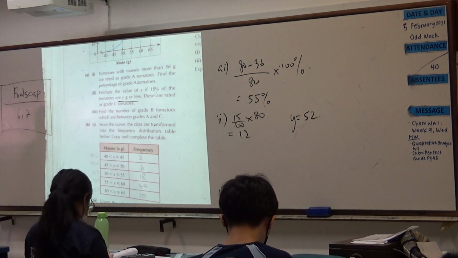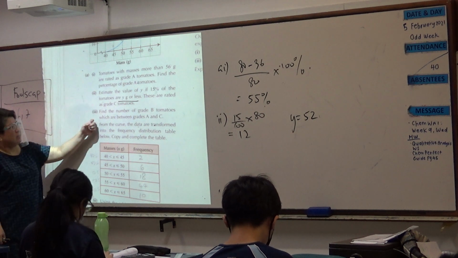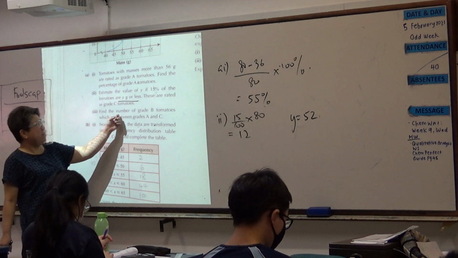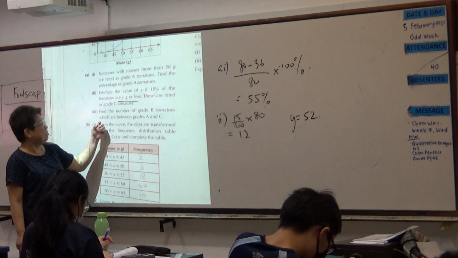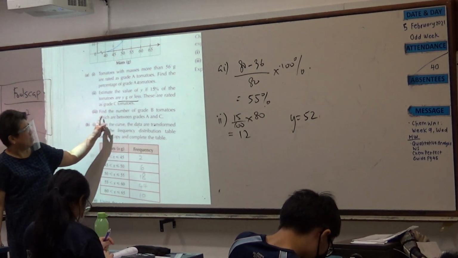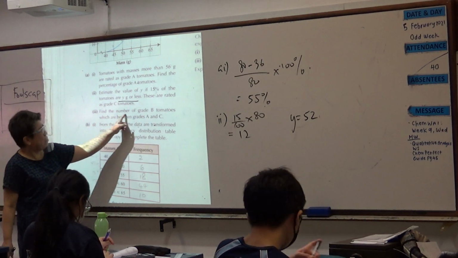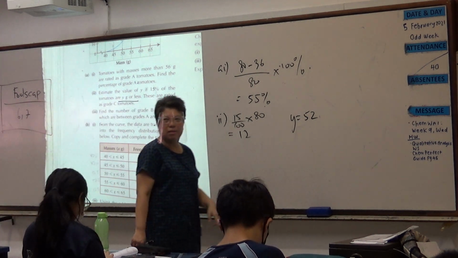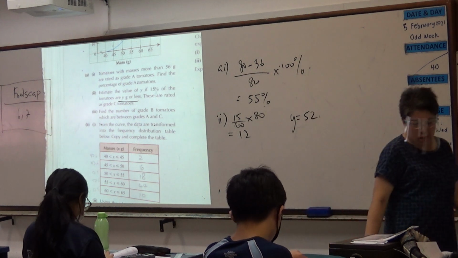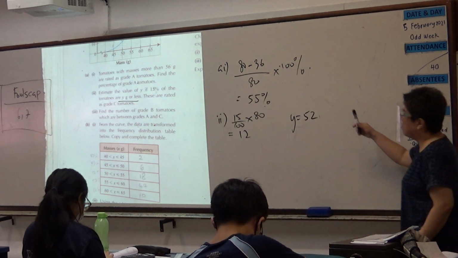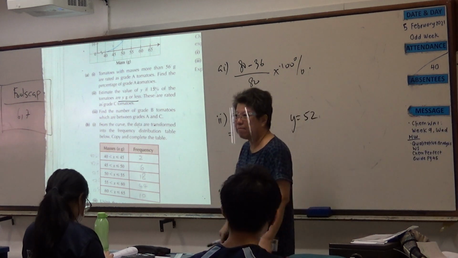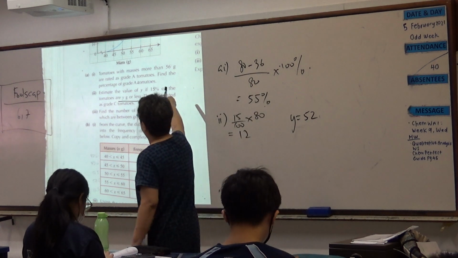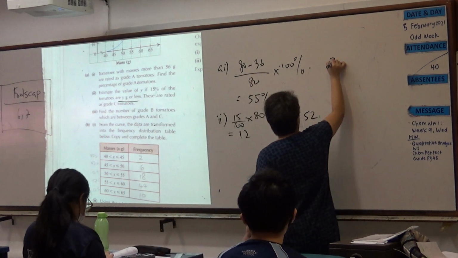Part 3. Find the number of grade B tomatoes which are between grades A and C. Now, this one is a bit troublesome. Just now, first of all, we find grade A, right? First part, we find grade A, right? Grade A is how many?